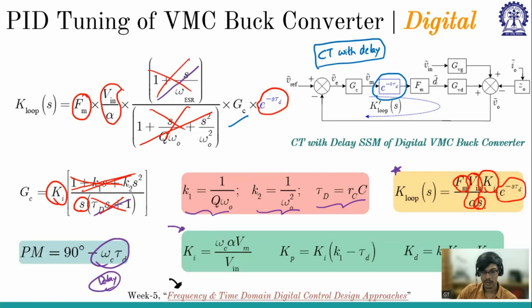No sir, the first equation which you have written. K loop is Gc into e to the power minus s Td into FM into Gvd. So Gvd is this.